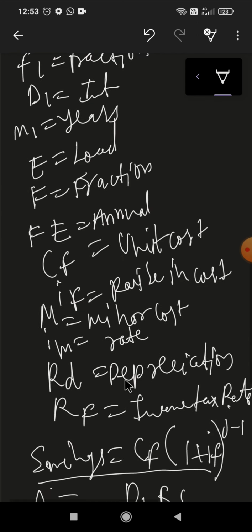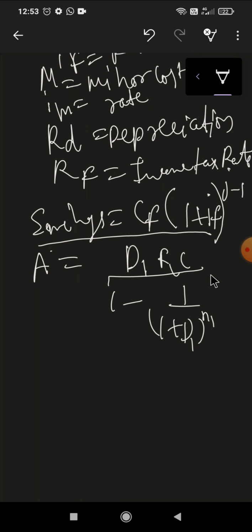So that formula I'm going to write here again. So this is the annual repayment, but now we need to deduct the other costs.